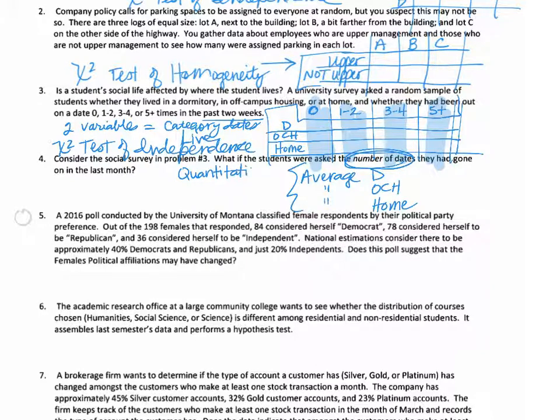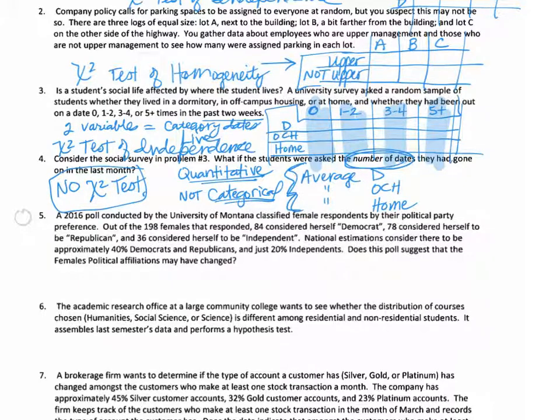Averages are considered quantitative data. This is kind of new. If I had gone over the homework first, I would have already covered this. But averages are quantitative data. Quantities, not categorical. That's a problem. That means that you can do no chi-squared test at all, because a chi-squared test has to be done with categorical data, not quantitative.